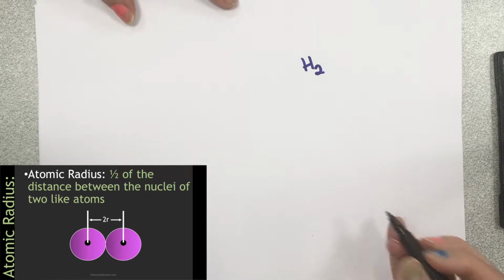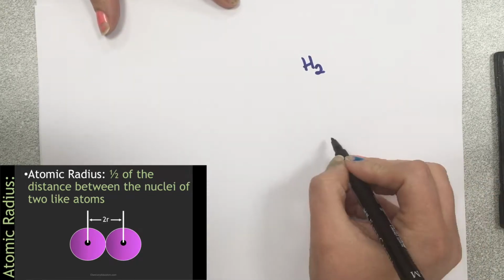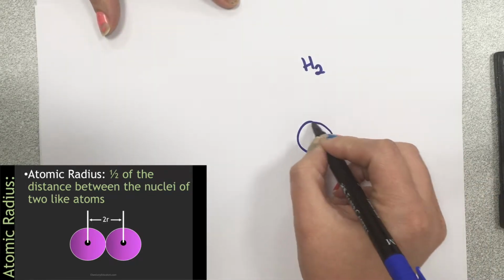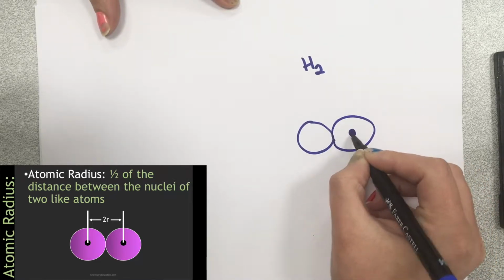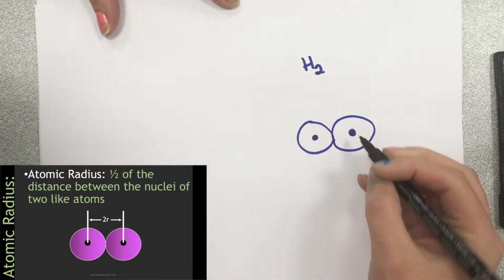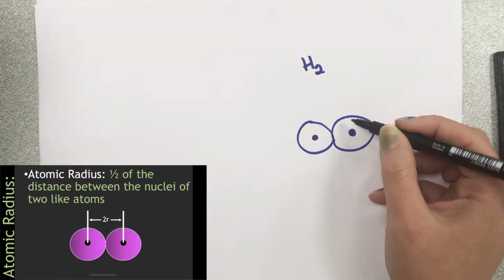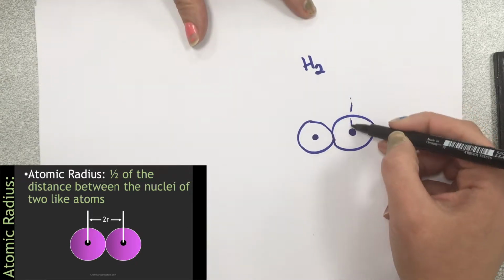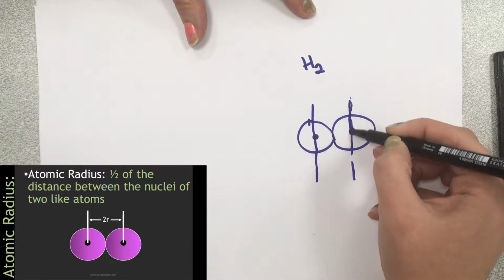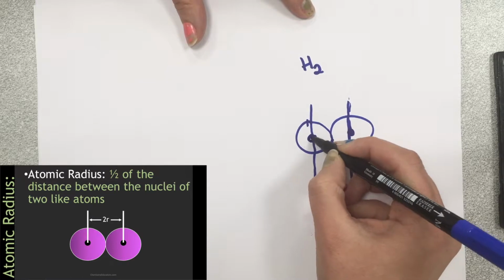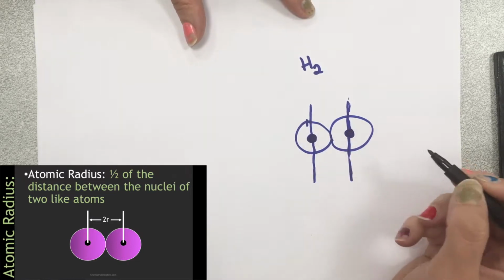With hydrogen gas, we would have two atoms. Let's just say that's the electron cloud, and then we have these nuclei. We can actually see where the nucleus is because it's very dense, and that's much easier to find than an electron. Remember, the electron's weird. Sometimes it's a wave, unless we disrupt it, then it's a particle.